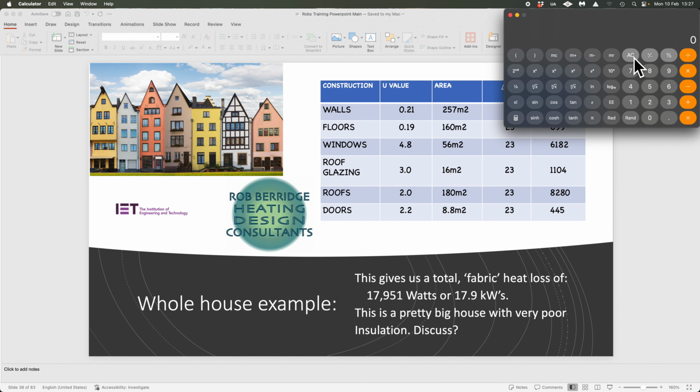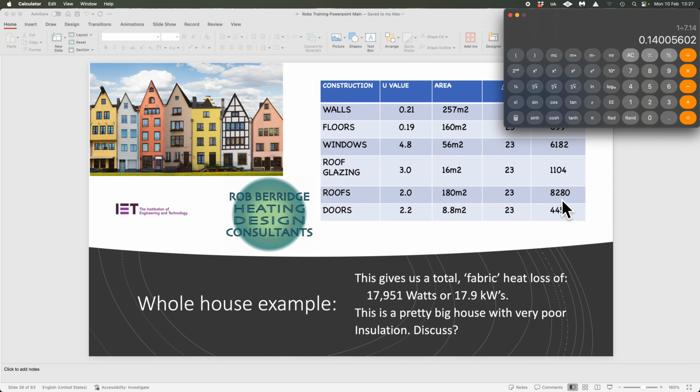Well, very simple. We just go 1 divided by 7.14, and that equals 0.14. So we're all agreed on that. So we go 0.14 times 180, which is our square meters, and then times our delta T of 23.